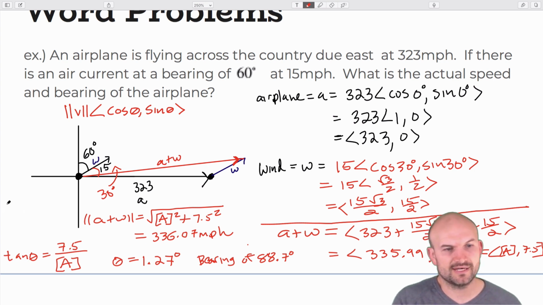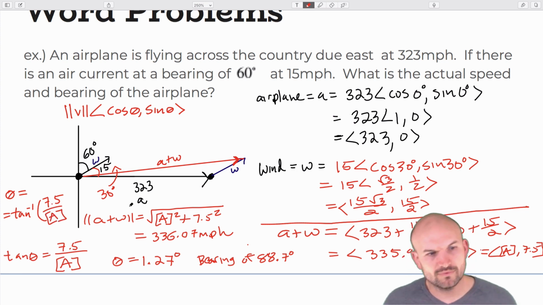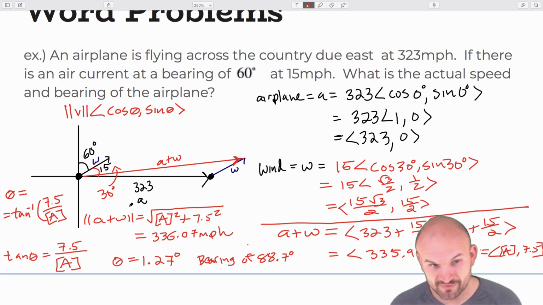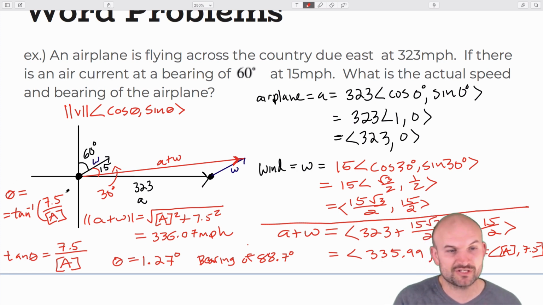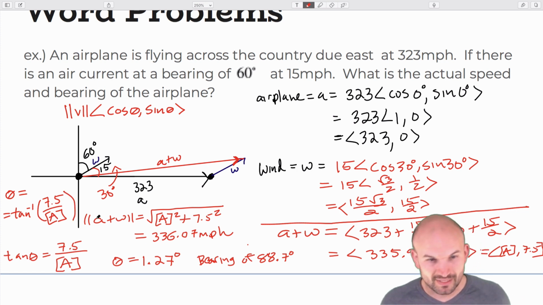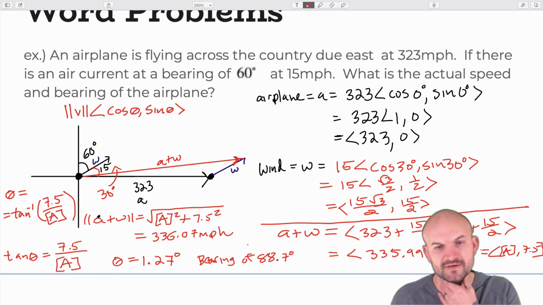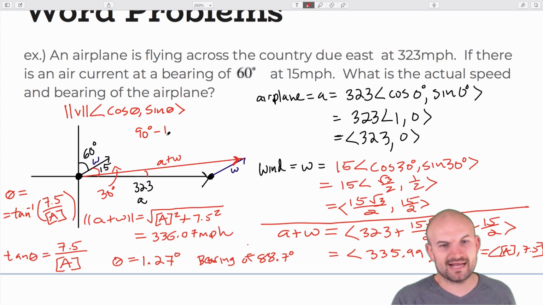So theta equals tangent inverse of 7.5 divided by my stored answer A. And that gives me 1.27 degrees. Now, that's not the bearing. So to find the bearing, I subtracted that from 90. I did 90 degrees minus 1.27. That's how I got my bearing.